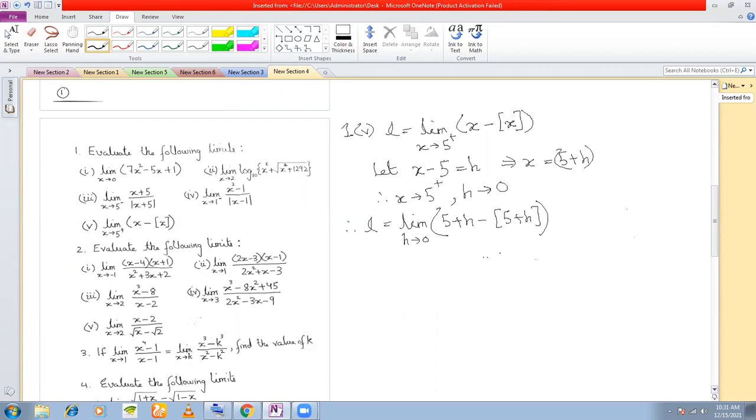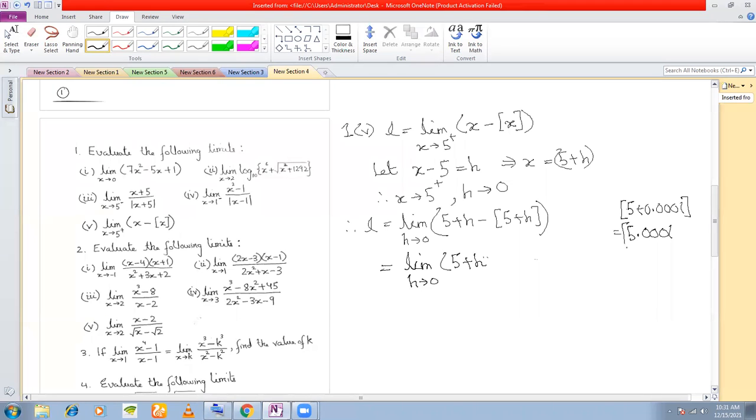Now, what do you know about the greatest integer function? You have 5 plus h, write it as it is. Now the greatest integer function of 5 plus h, and h is very close to 0. Let us say h is 0.0001. What is the value of this greatest integer function? 5 point something, right? And what is the greatest integer here? Which integer do we take?